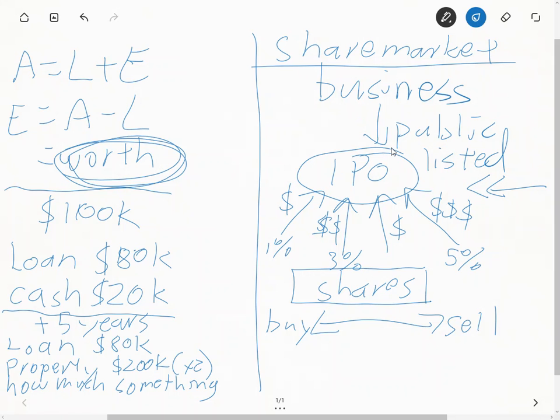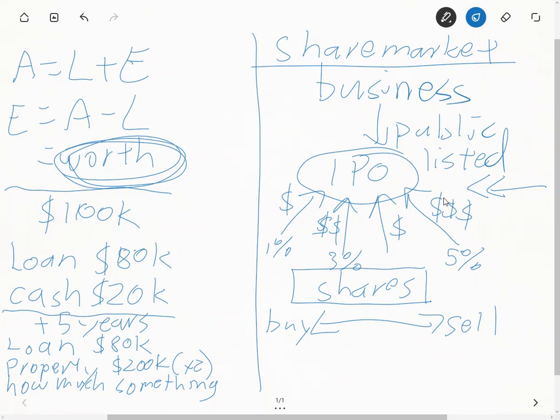So James Packer, he owns, I think as of the time of this video, about 40% of Crown. So even though Crown is a listed company and you can buy and sell the shares on the share market, one person, or actually his investment company, owns 40% of the company. But still, he sold 60% of it. So by selling 60% of it, he was able to get a lot of money for it.